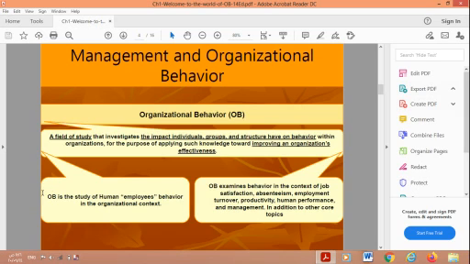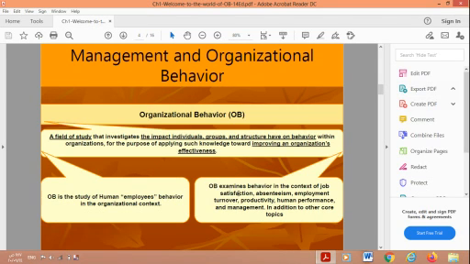Organizational behavior is the study of human or employee behavior in the organizational context. So we are not talking about psychology, studying the behavior of humans in general. We are focusing on the behavior of the employees within the organization, which is related to the organizational behavior discipline.